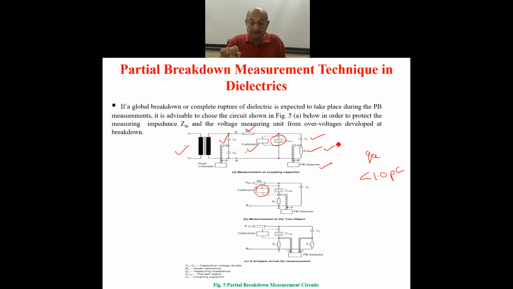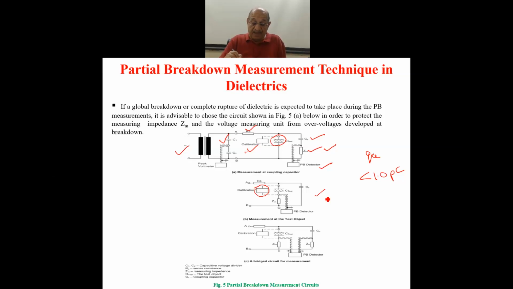In circuit B connection, you are measuring directly at the low voltage electrode of the test object, the low voltage arm of the capacitor formed by the dielectric.